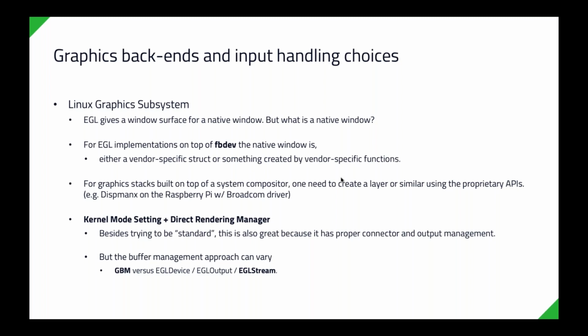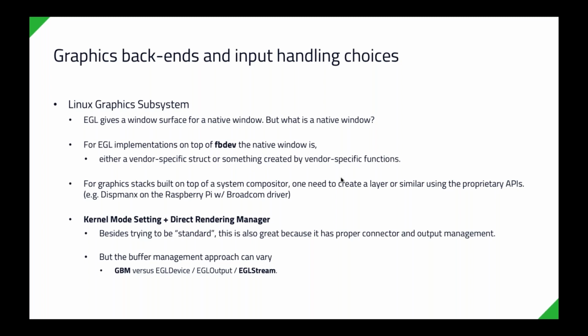Many times there are vendor-specific stacks on top of FBDEV, or there are some system compositors like the one exposed by Raspberry Pi. So you would use those APIs to create the actual window instance, but then EGL would act as an interface between the drawing API and this windowing API. EGL would make the surfaces available to the drawing API, and that's what we are exploiting in EGLFS.